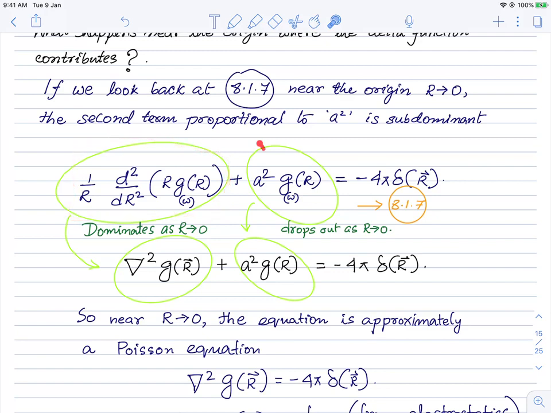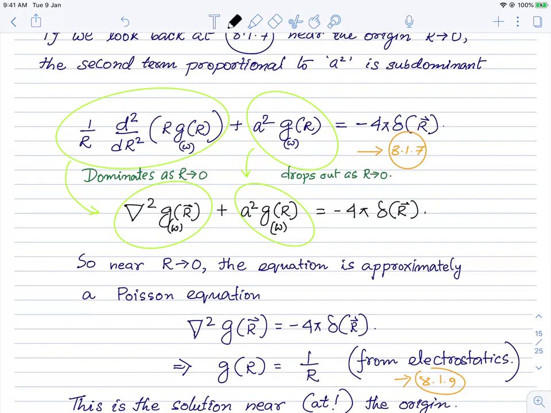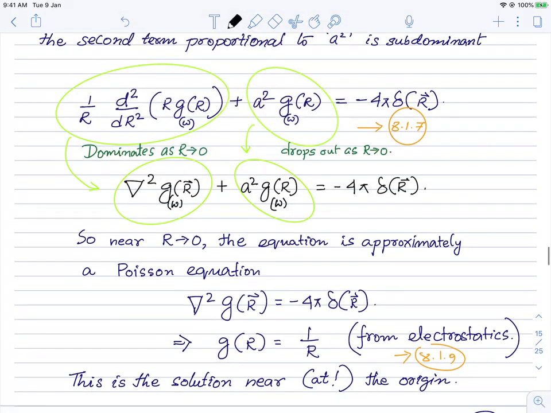Therefore, if you look at this equation, the Laplacian term would dominate over the a squared term that we had in the equation for the Green's function. Of course, the omega dependence should be there always. So this tells us that near the origin, this equation reduces to nothing but the Poisson equation.